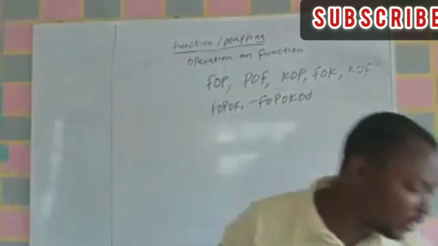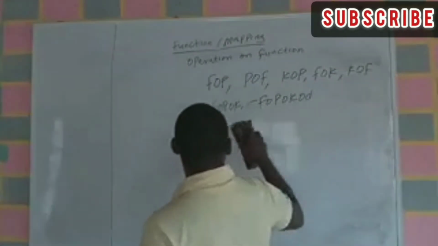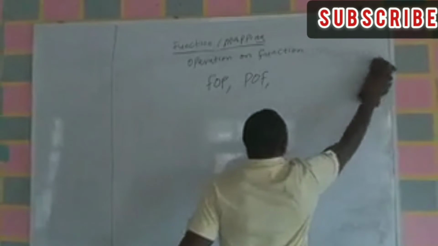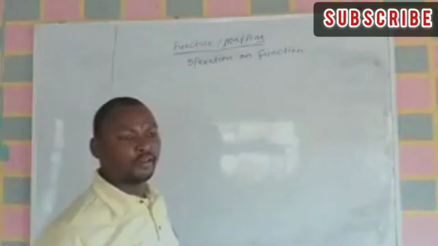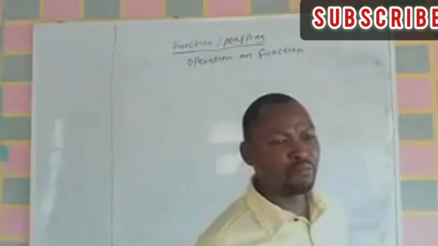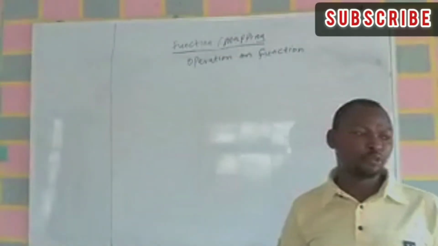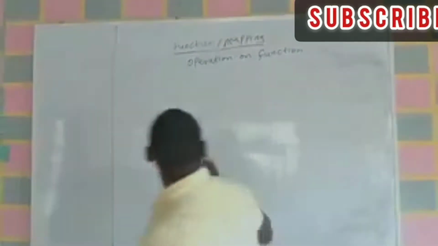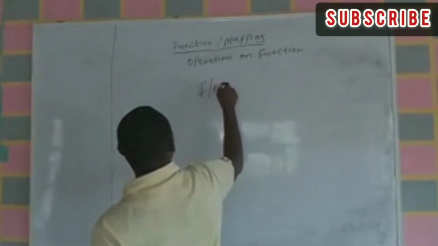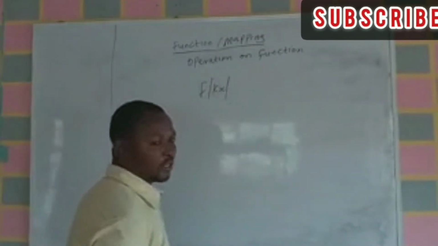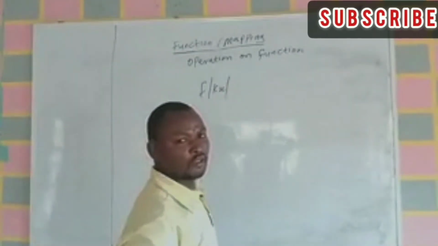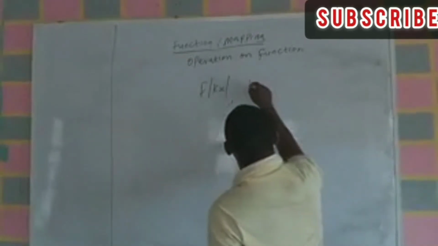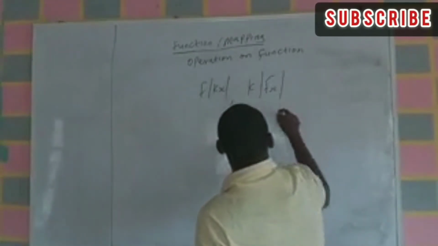We can also see it in another form. I'm trying to point out the way you see a question that will let you know you want to handle composite function. We can have k of f of x: just pick k and substitute it for f. You can also have f of k of x: pick f, substitute it for k.